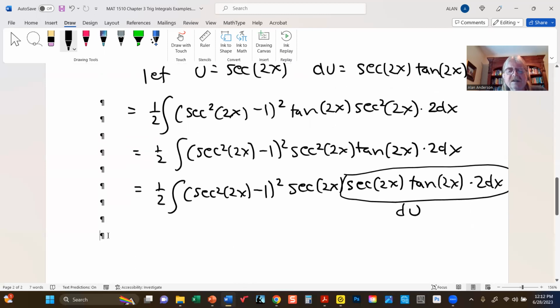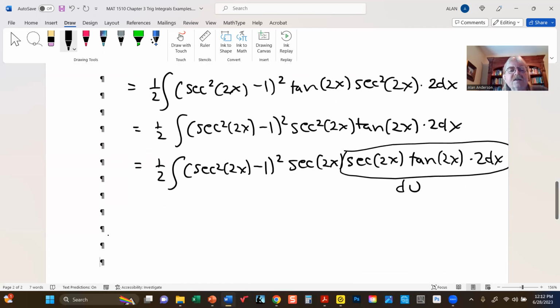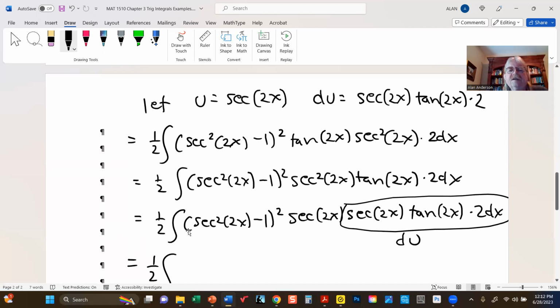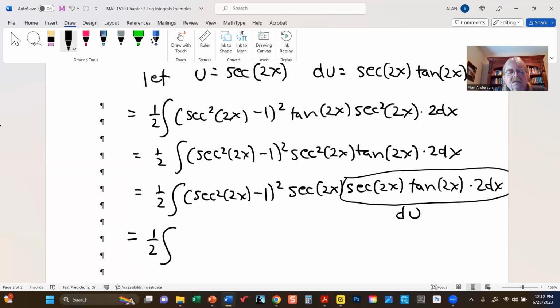Yeah, that's really the challenge, is putting together the du that we need. So what do we have here? So we have u squared. Remember, u is just the secant. Okay.